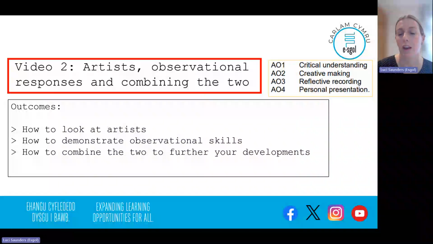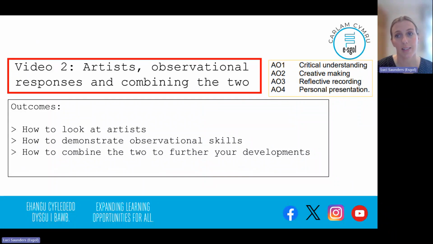All of these things will be allowing you to address the assessment objectives. So AO1, critical understanding, AO2, creative making, AO3, reflective recording, and AO4, personal presentation. The 4 do not stand alone. You can't really separate them into different areas, although thinking critically about artists, of course, would be critical understanding.